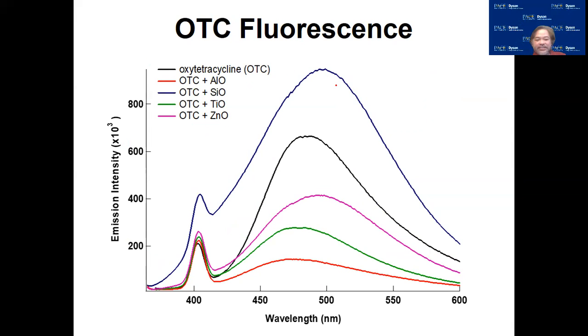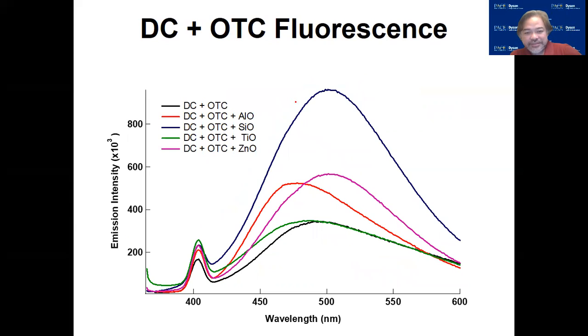The one that has really an increase in fluorescence is the one with silicon oxide. So the only explanation that we can have at this time is that something fluorescent must be formed when you mix the antibiotics with the nanomaterials.